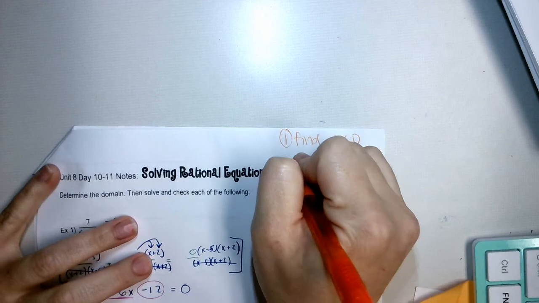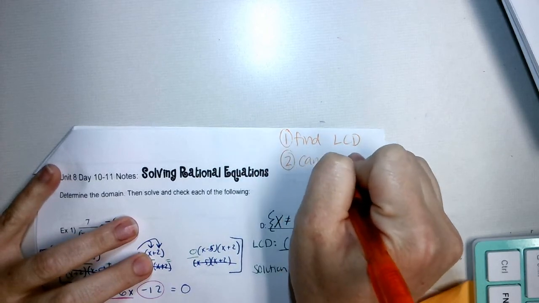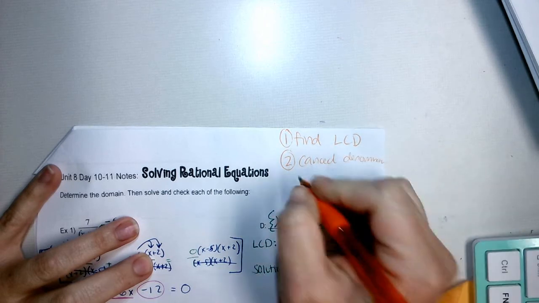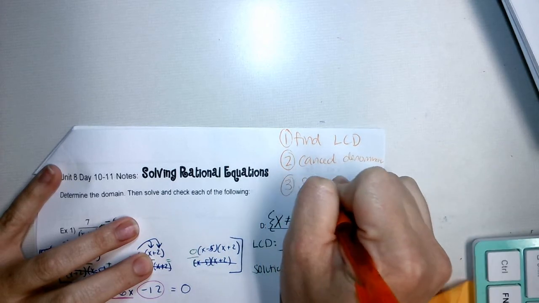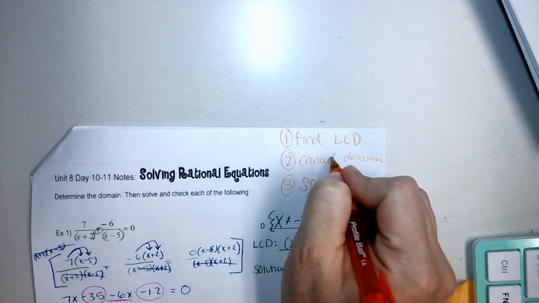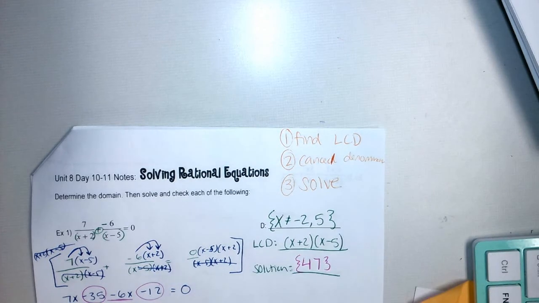Step 2 is cancel your denominator. And 3 is solve. That's an L, not a D.